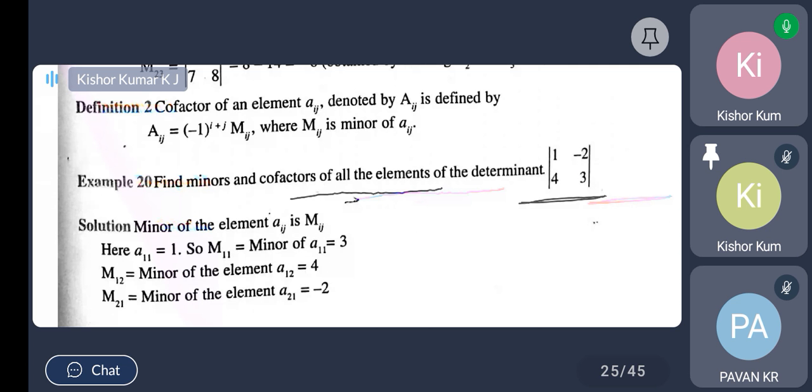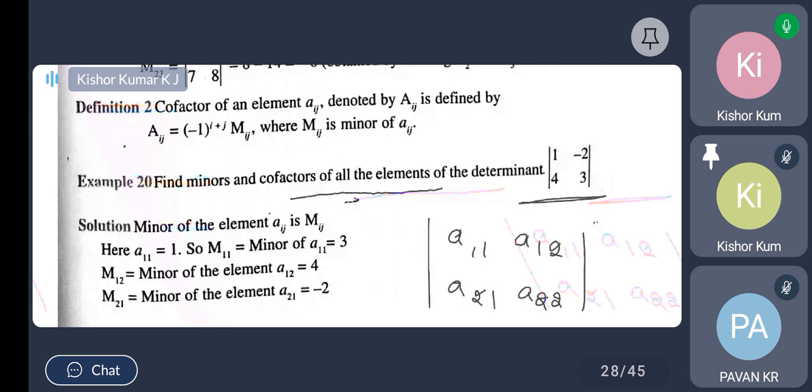Here, in this part, A12, A21, A22. So this is the determinant we have here. To calculate M11, we will call it the minor of the first row, first column element, that is 1.